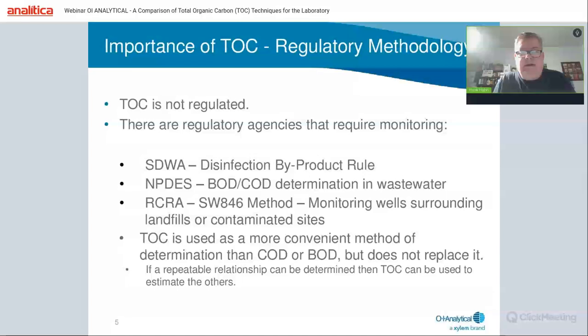There's RCRA that is monitoring wells and surrounding landfills, contaminated sites. It's used as a more convenient method of determination than COD or BOD, but that does not replace them. If a repeatable relationship can be determined, then TOC can be used to estimate the others.